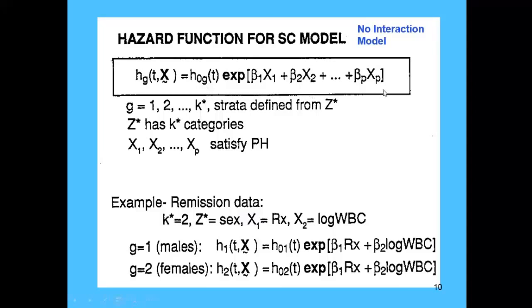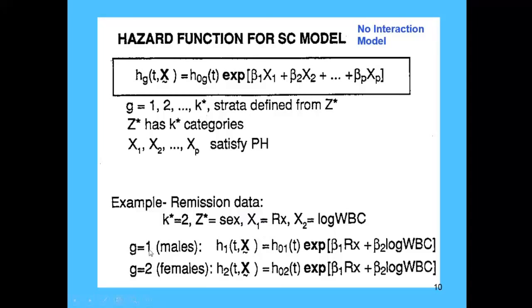So let's see what this model looks like by looking at the bottom of the screen, at least as far as the remission time data. So if we're dealing with the variable sex, we're stratifying on sex into two categories, and we put race, log white blood cell count, and treatment in the model. G goes from 1 to K star, which is 2.